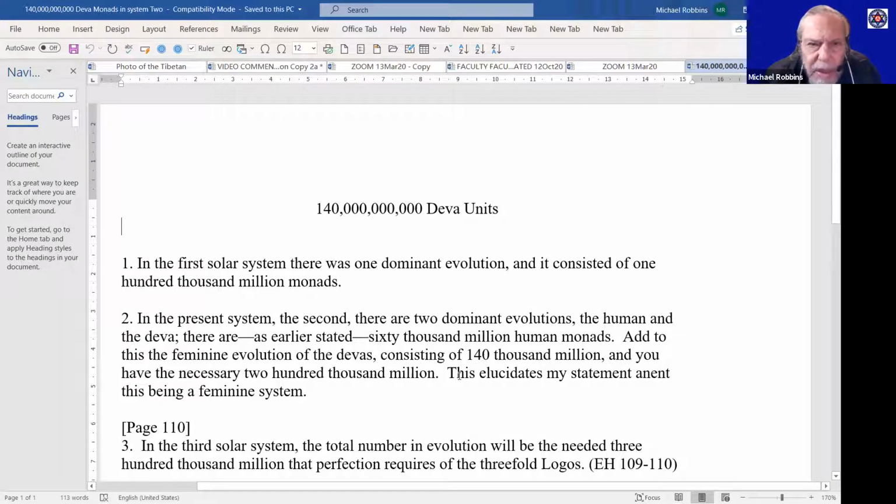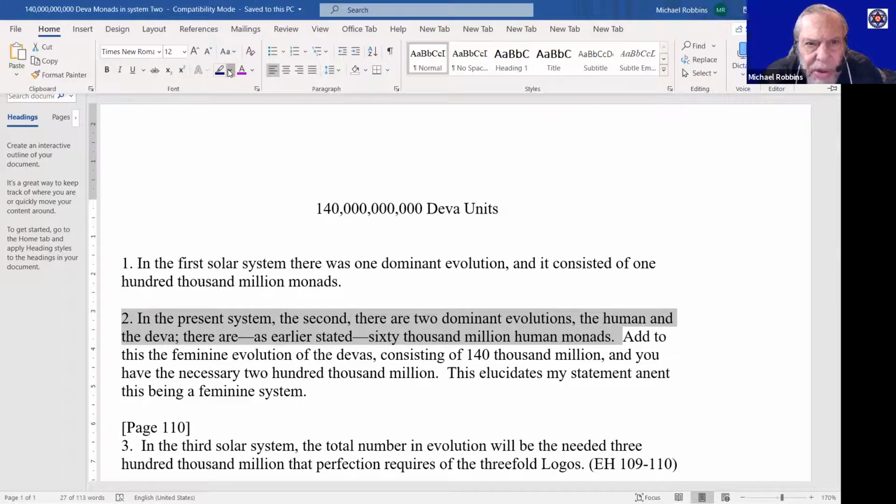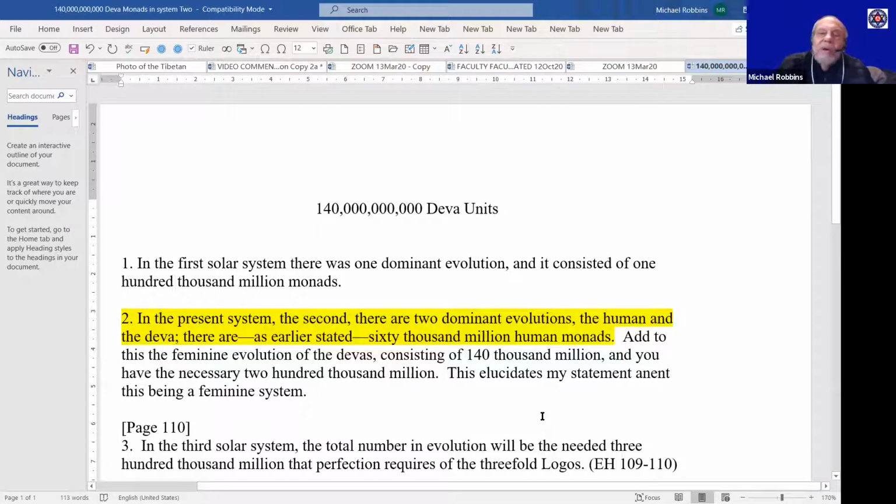Okay. In the present system, there are two dominant evolutions, the human and the deva. There are, as earlier stated, 60,000 million monads. Now, does he mean, in the earlier solar system, considering only the Earth scheme? That is possible.